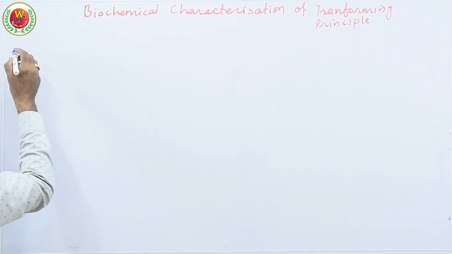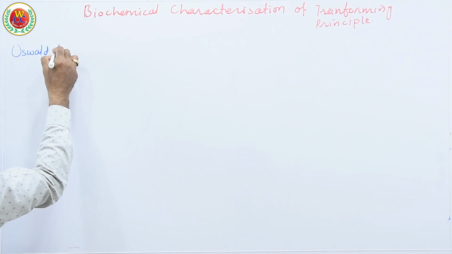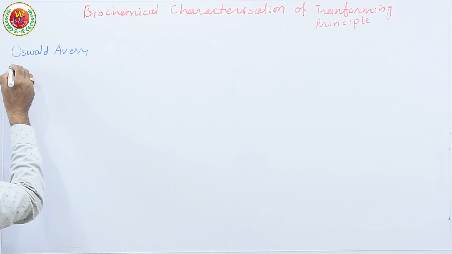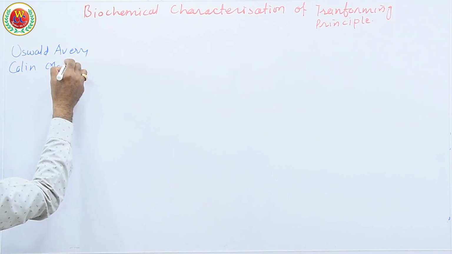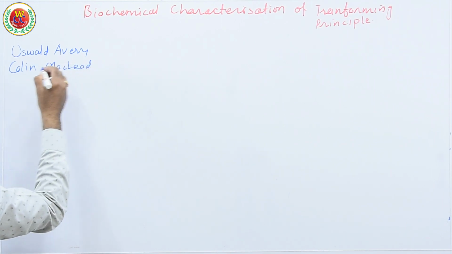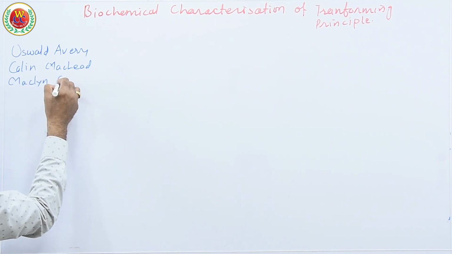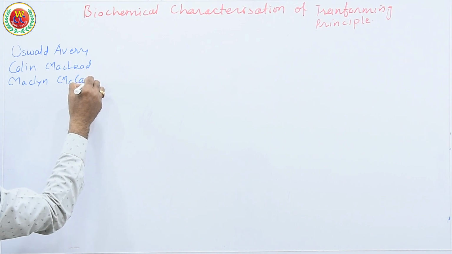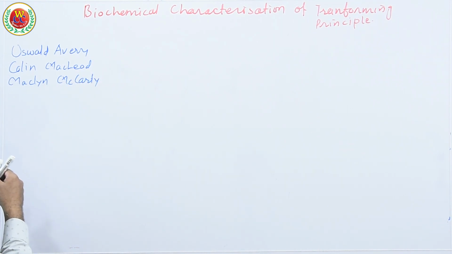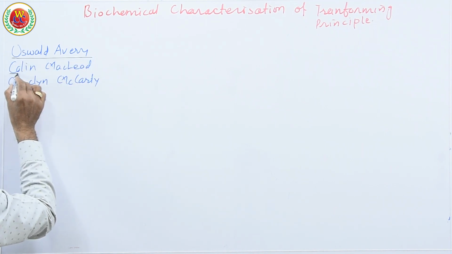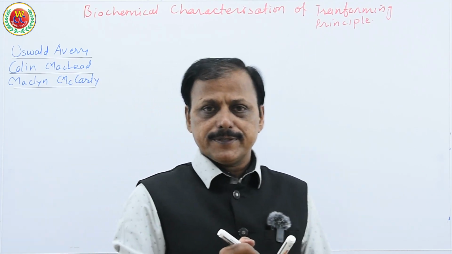The names of the scientists are Oswald Avery, Colin MacLeod and McCarty. These three scientists gave a biochemical explanation for Griffith's transforming principle.